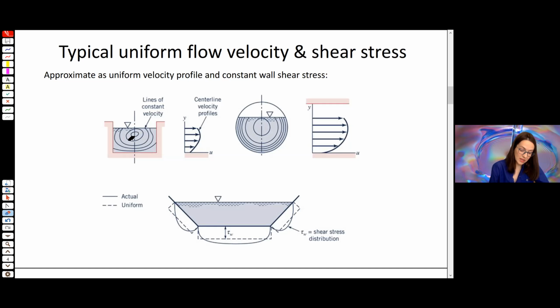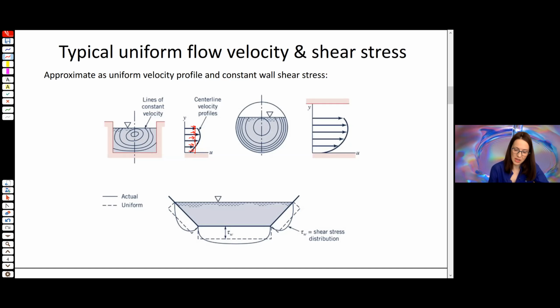And your lines of constant velocity might be something like this. So if you were to take a slice, you might see a velocity profile like this here, right? Like sort of semi-parabolic, but then getting cut off at the top, right? Well, we just come along and we say, okay, we're going to take the average value of this velocity profile, use that, and just make the assumption that the velocity profile is uniform.